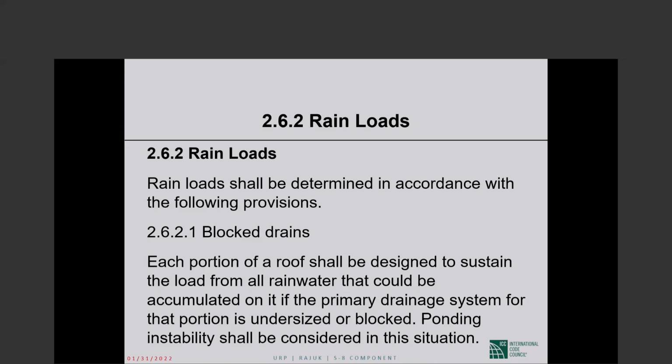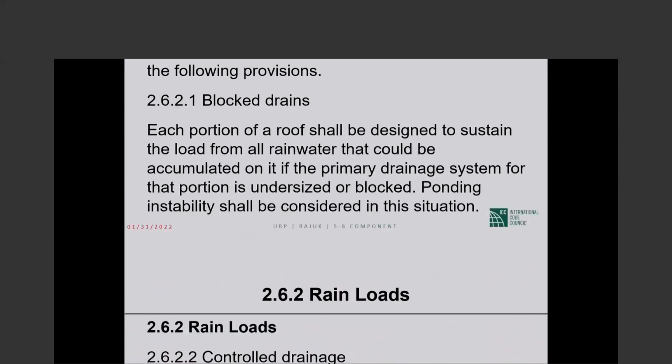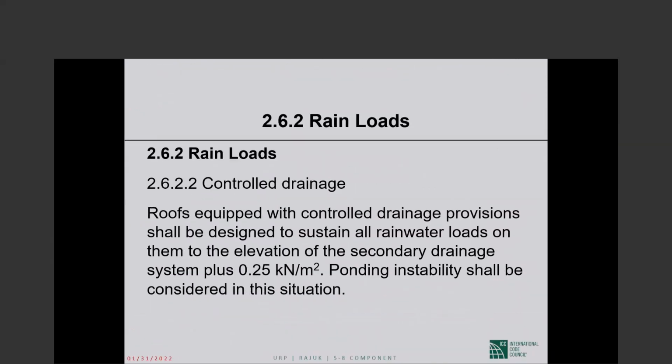What if instead of a 3-foot parapet, we have a 6-foot parapet? Do we then design for 6 feet of water? Doesn't make a lot of sense to me. So how do we figure this? The load from all rainwater that could be accumulated on it. I do not know.